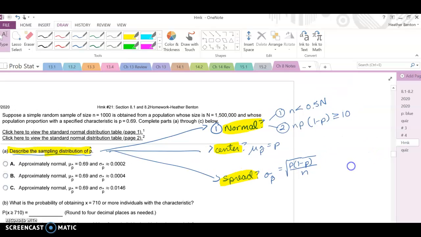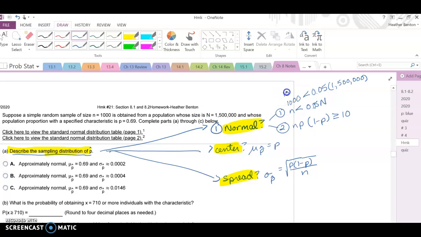When we're talking about it being normal, we know that little n, our sample size, which in this case is 1,000, must be less than 5% of big N. So that's 0.05 times the big N, which is 1,500,000. 0.05 times 1,500,000 is 75,000.